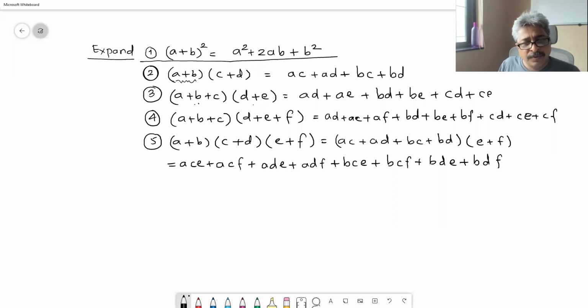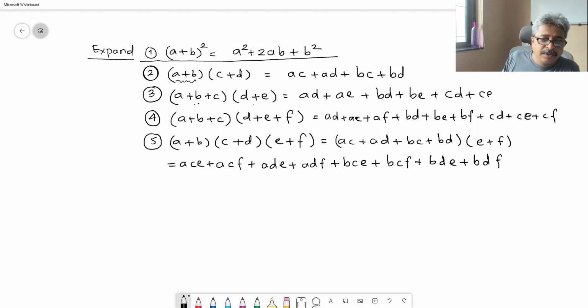Observation of 4: there are 3 terms in the first bracket, 3 terms in the second bracket, and hence in RHS we have a total of 9 terms. Again, every term has one letter from the first bracket, one letter from the second bracket.